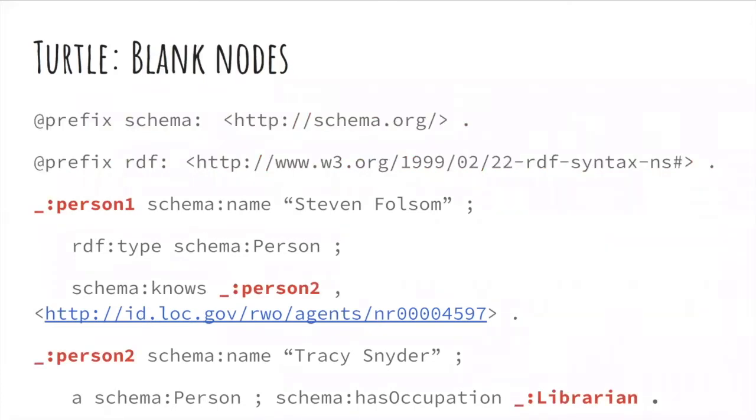Next, we have blank nodes. So we mentioned before that subjects and predicates are referred to using URIs. If an entity in the data doesn't have a known URI and the data creator doesn't want to commit to a URI, they can represent entities using a blank node.